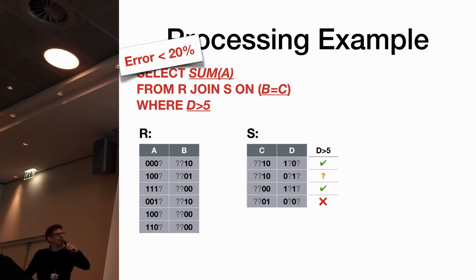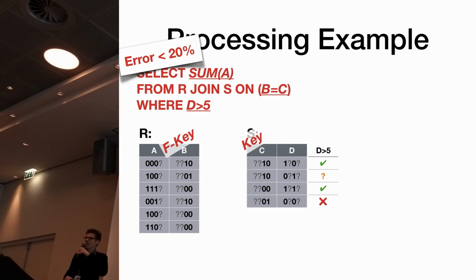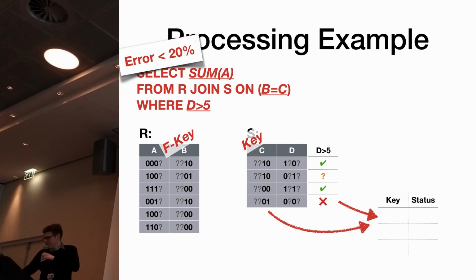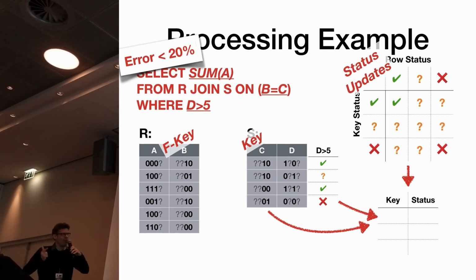The next thing we do, we want to join S with R, and assume here that the join columns are connected by a foreign key constraint. In that scenario, the first thing we do for a join is to create a hash table that associates keys in the join column with a status, indicating whether all associated rows satisfy the predicates, whether some of the associated rows might satisfy the predicate, or whether definitely none of the rows associated with that key satisfy the predicate.